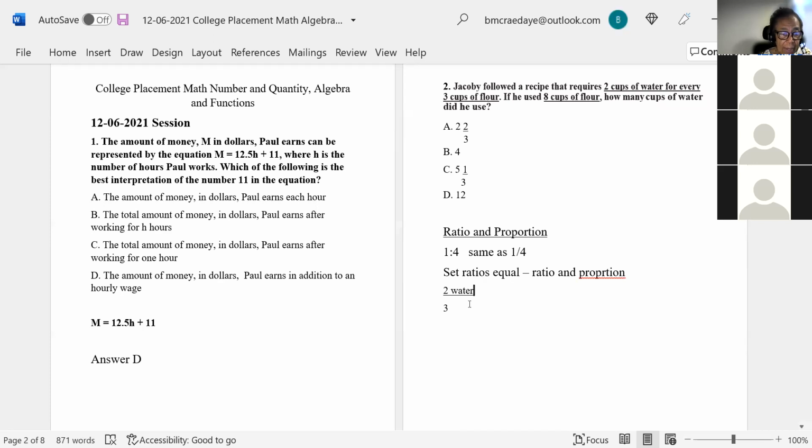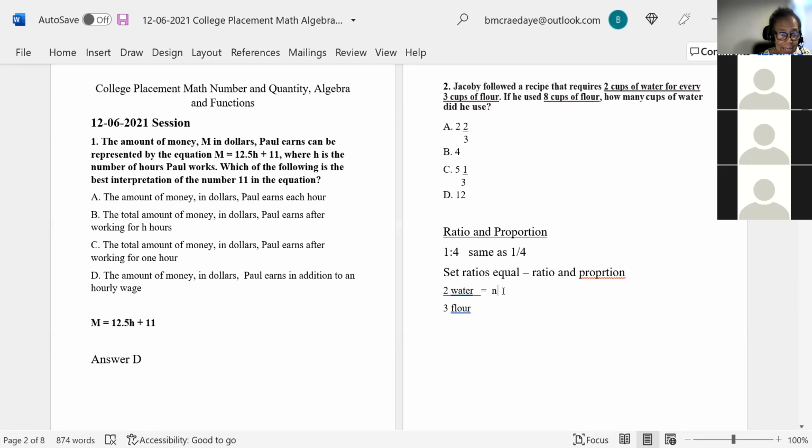And then the 3 is flour, right? Because you've got to make sure you have these in order. So this is equal to, and we're looking for what? Water. So we'll call this N. We're looking for N cups of water, and our flour is 8.